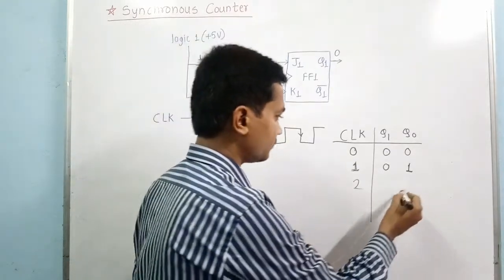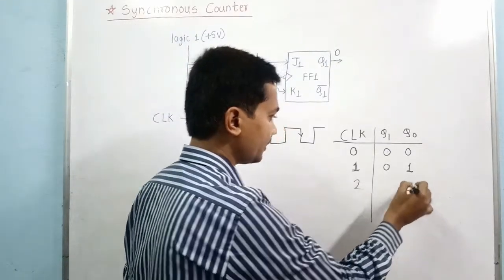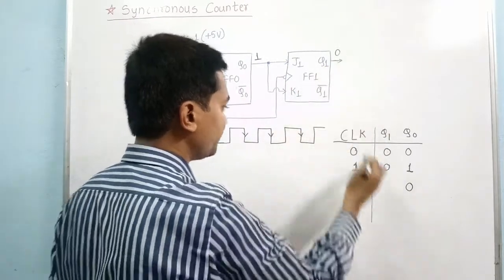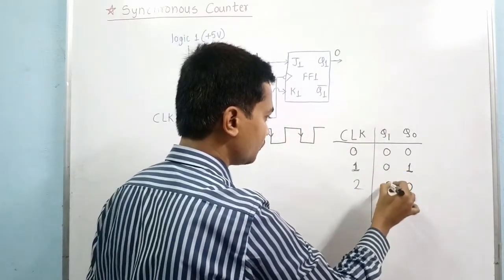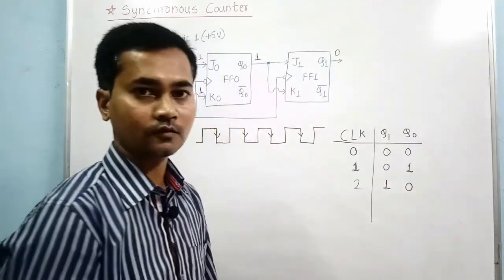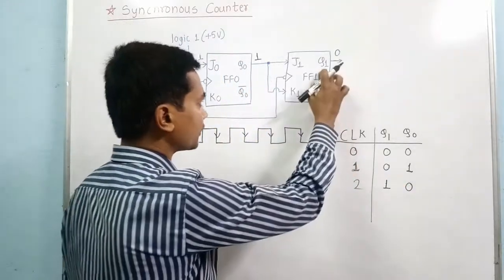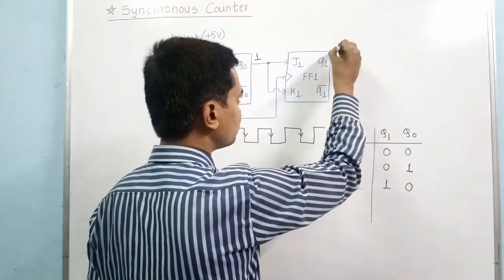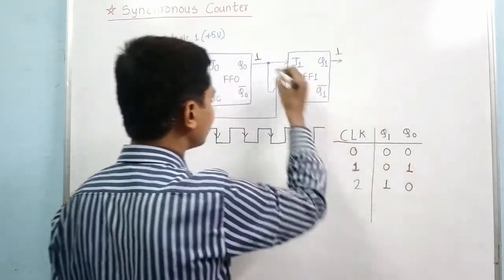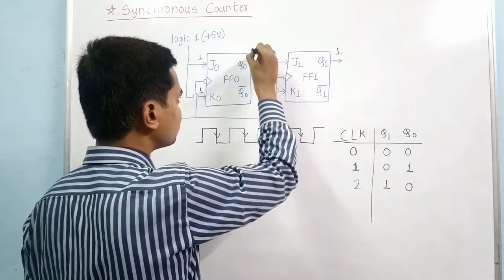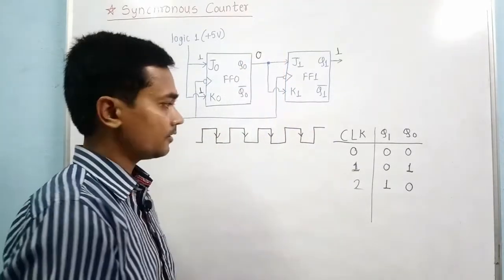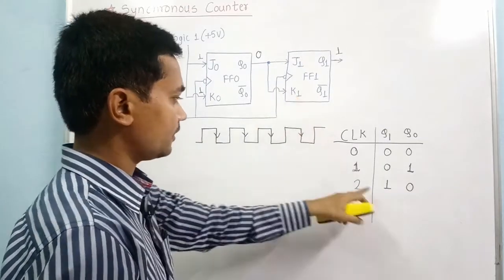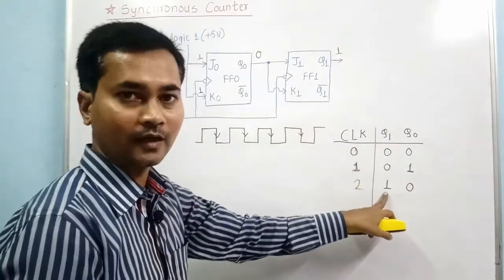That will become 0, and due to this 1, the Q1 output will change from 0 to 1. Now Q1 will have 1 and Q0 will have 0.